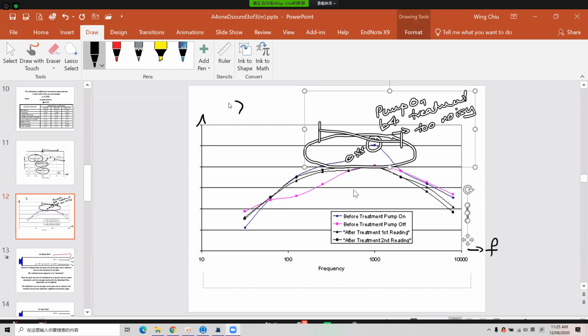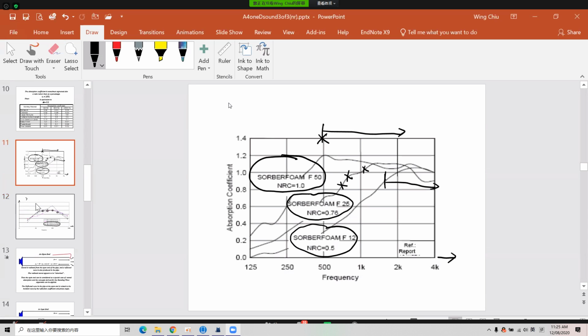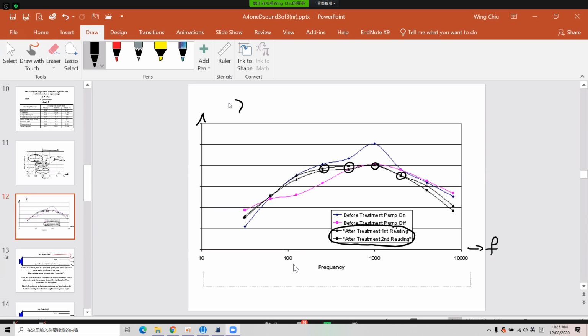After I treated the pump with the material, I went back and did the measurement. I did the measurement twice, and these are the measurements I obtained. You can see that by using this material, I was able to kill off this noise level and bring it all the way back down to close to the background.